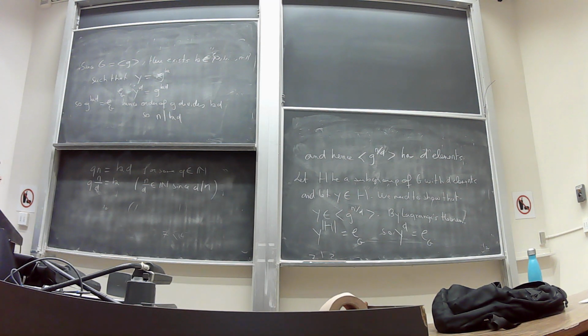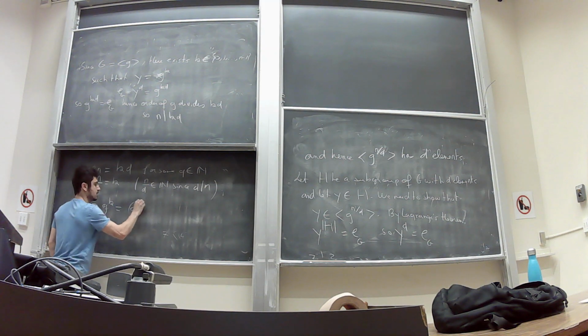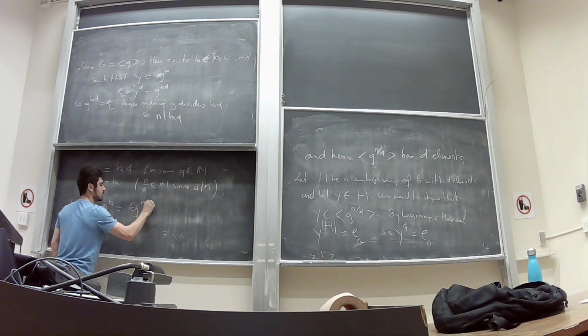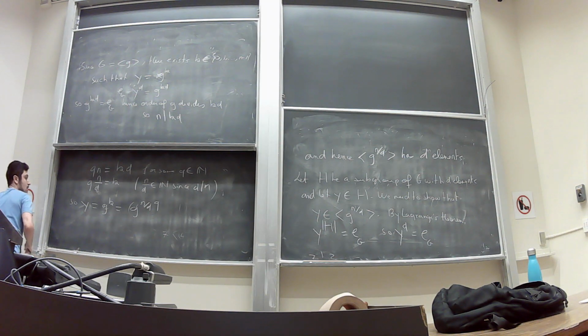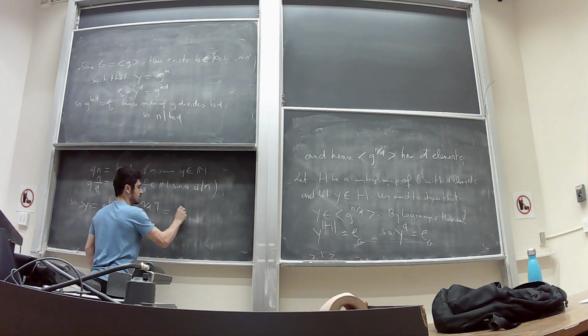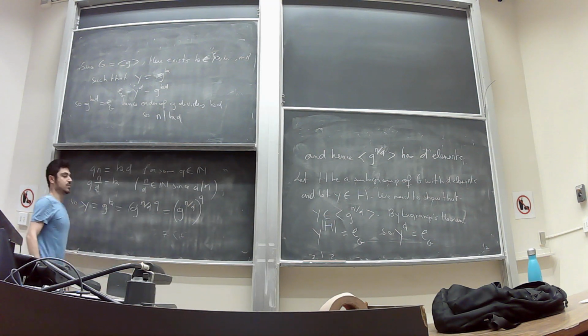So really I have that n over d divides k. So y is equal to g to the k, which is equal to g to the n over d times q, which implies that y is equal to g to the n over d to the power q.